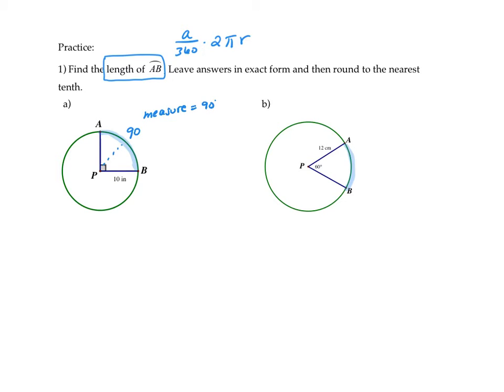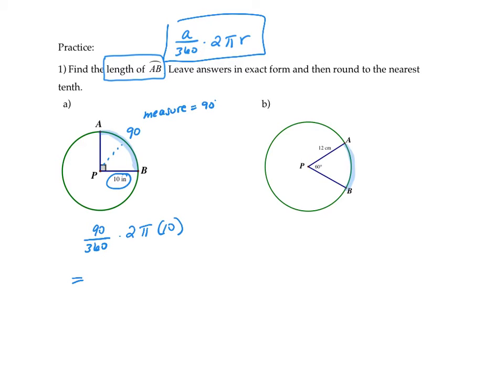Okay, to find the arc length, we're going to use our formula. We're going to take our angle, which is 90, divide it by 360, and then multiply by 2 times pi times our radius, which happens to be 10 in this case. Okay, simplify that.